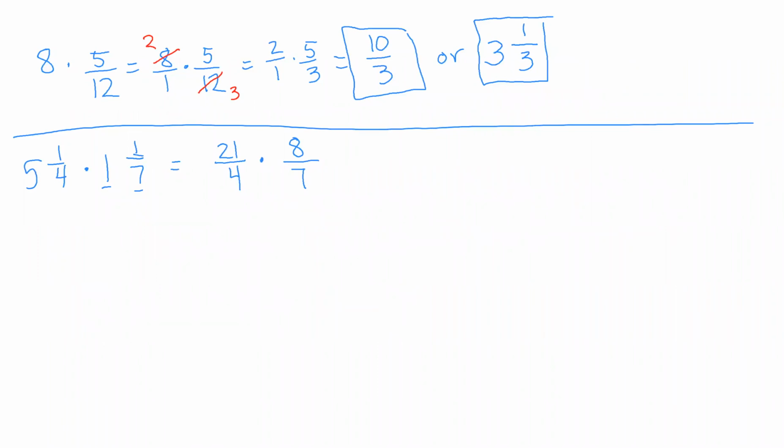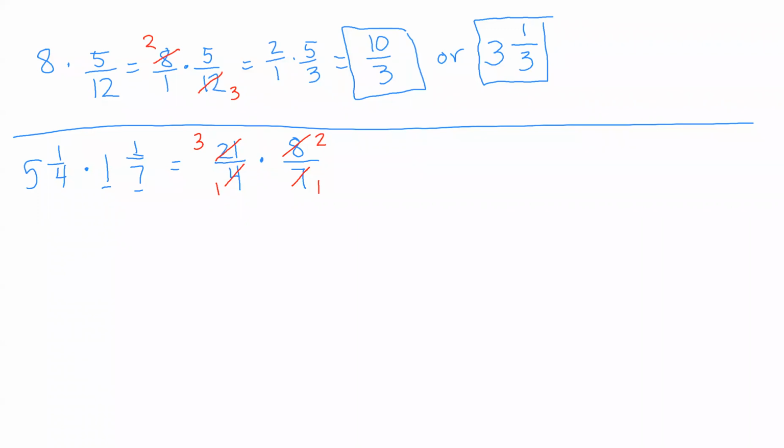I'm drawn to the 4 and the 8 first. I know that 4 and 8 have a 4 in common. 4 divided by 4 is 1. 8 divided by 4 is 2. I also happen to know that 7 and 21 have a 7 in common. So 7 divided by 7 is 1. 21 divided by 7 is 3.